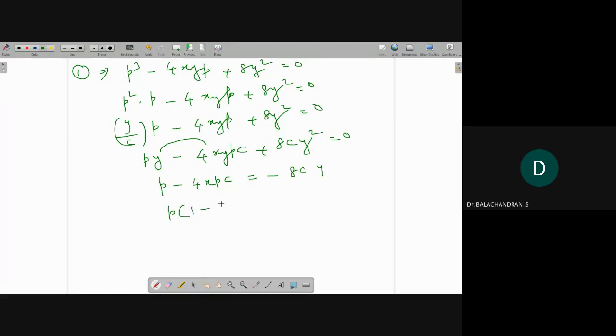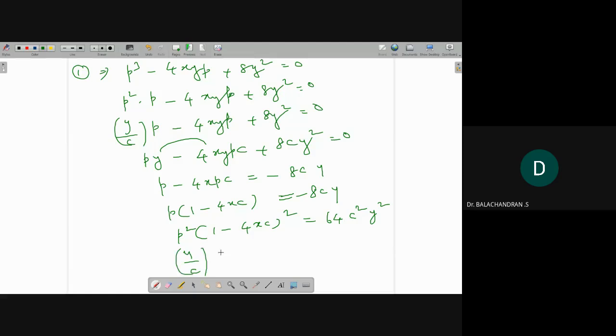So p into 1 minus 4xc equal to minus 8cy. Now squaring on both sides. p square into 1 minus 4xc whole square is equal to 64c square y square. But p square, you know what is p square? y by c.